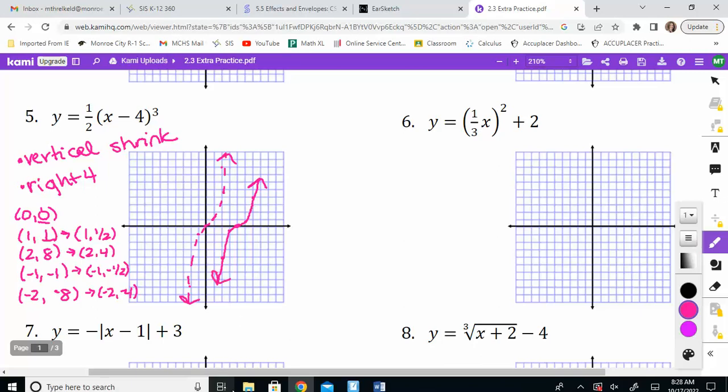So we just basically get a shorter version that's been shifted over.